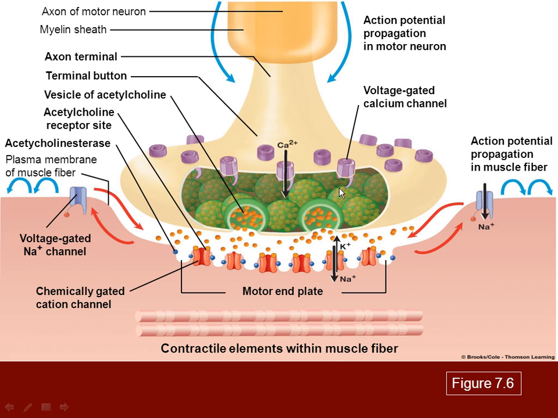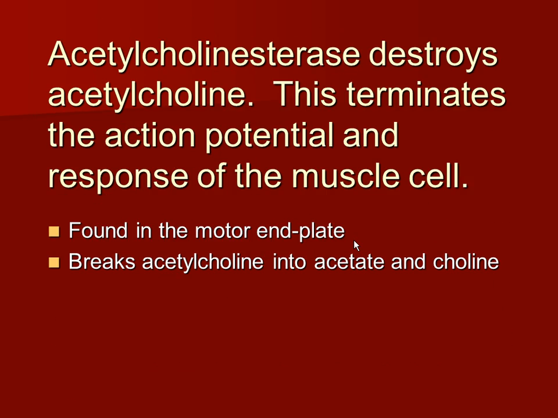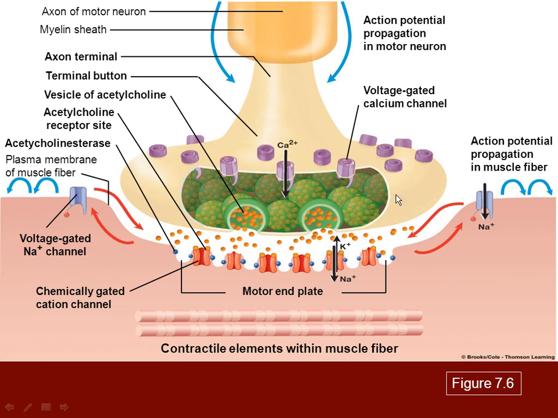And then there's equipment in here that welds the key back together so you can do what with it? Reuse it again. Yep. So you actually recycle the loose pieces back up in here. You weld them together, put them back into a vesicle, and re-release them. So where's that acetylcholinesterase? Where's it come from? It's actually bound down here on the motor end plate. So once the receptor binds here, the acetylcholinesterase will just shift it over, break it, and then feed it back up.